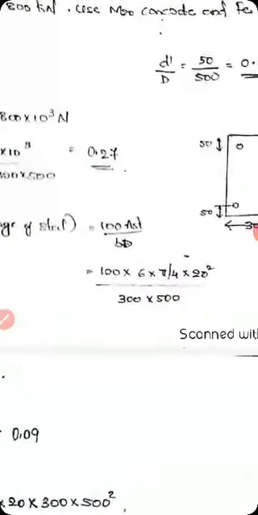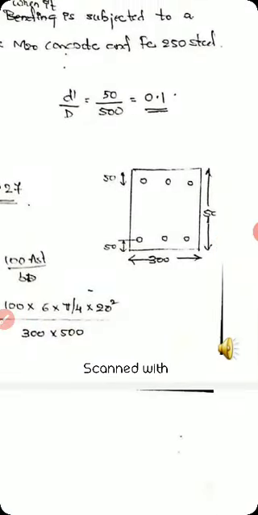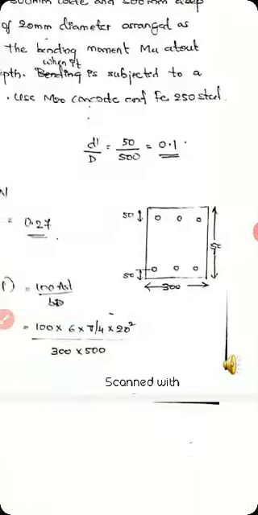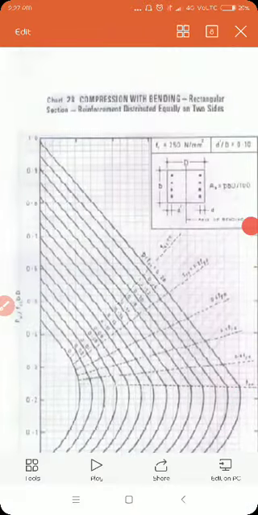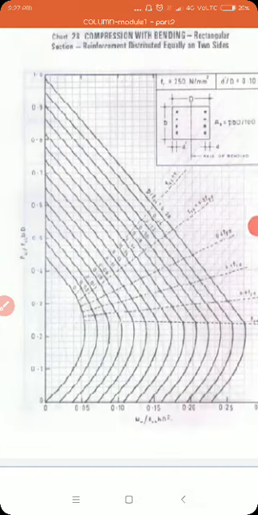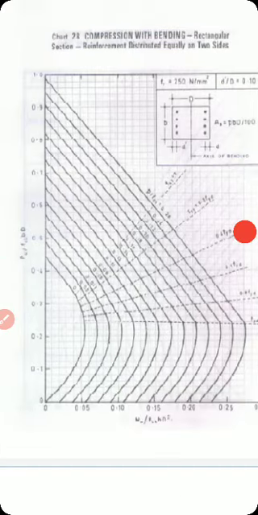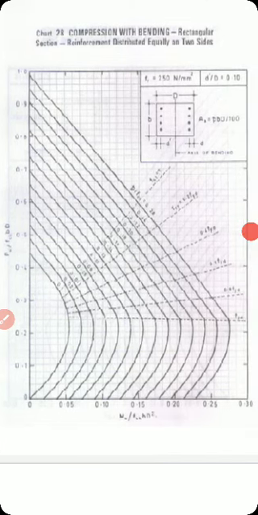In this problem, this figure is given, so it is clear that the reinforcement is equally distributed on two sides. So we have to find out the value of Mu from this chart. For that, we have to find out two values, that is Pu by fck bD and p by fck.